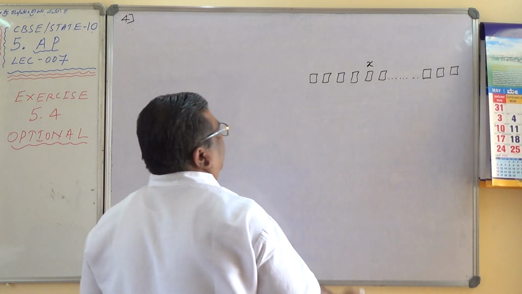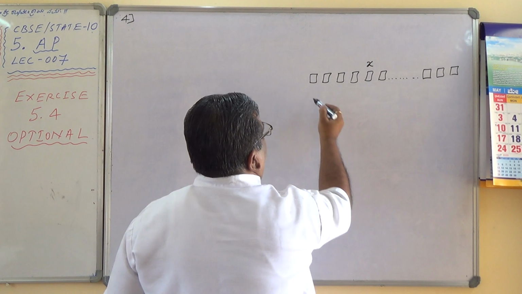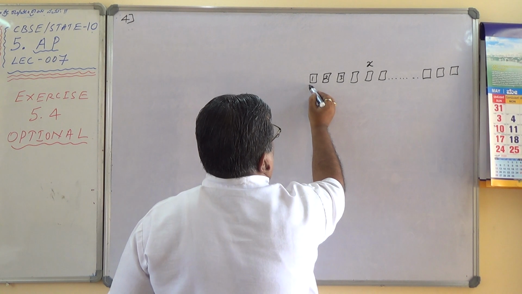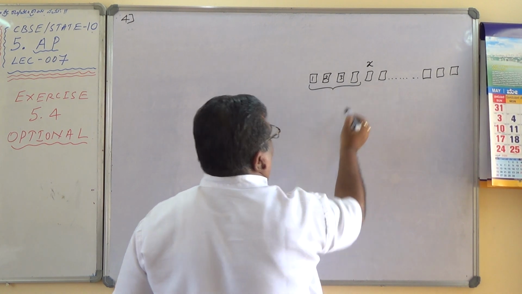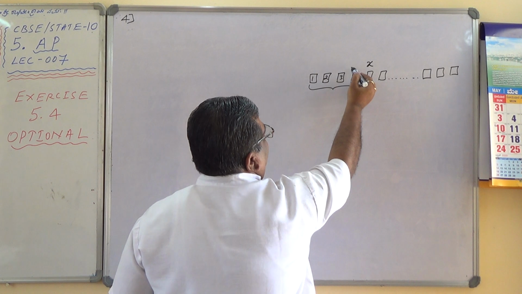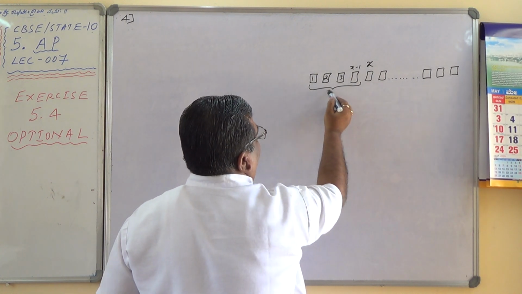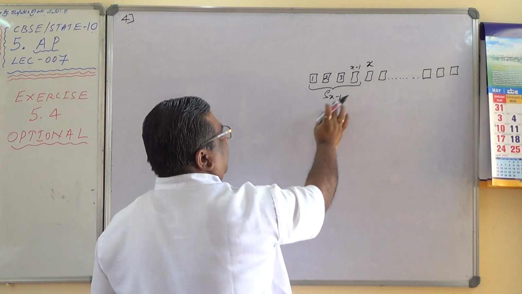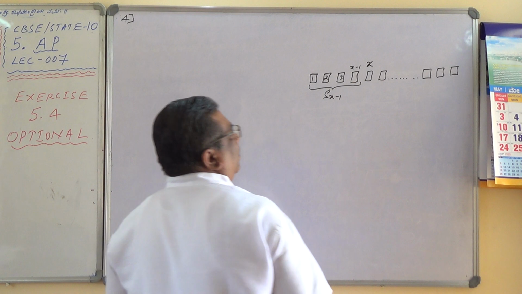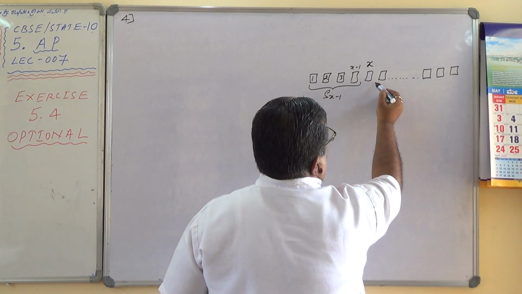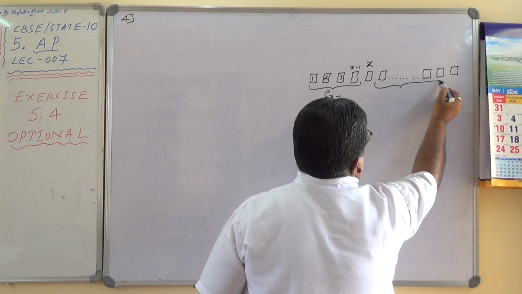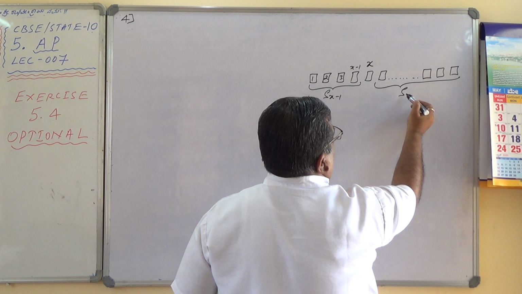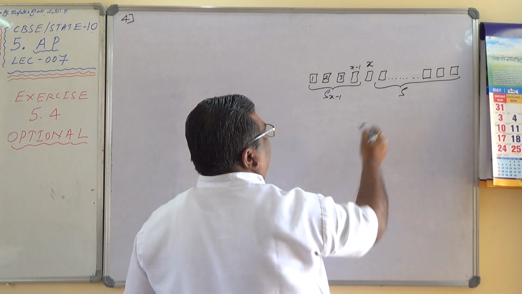Then according to the question, if you read the question carefully, the numbers which are written over here, it will continue. Sum of numbers up to the houses preceding x. Preceding x means this is x minus 1. So sum of numbers up to x minus 1 should be equal to the sum of the numbers on the houses following x, means from here to here sum. This sum we have to calculate. How to calculate this sum?